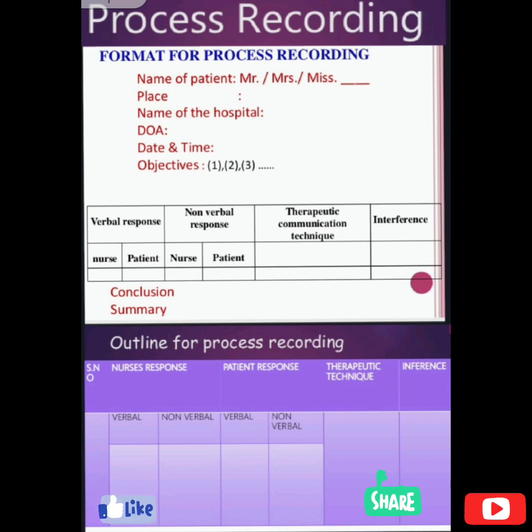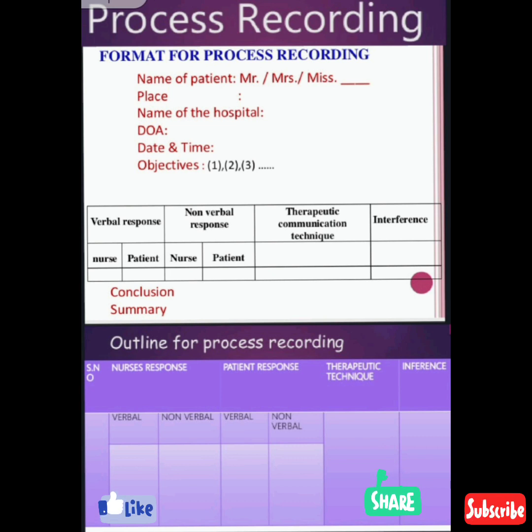We all have learned some of the therapeutic communication techniques: restating, briefing out, asking questions, asking for clarification. There are many different types of communication techniques. Which technique you are using to solve the patient's problem, all that you are going to list out in this column.